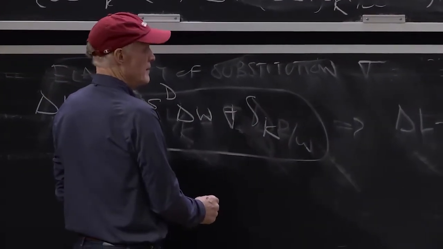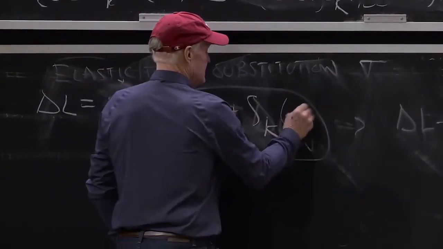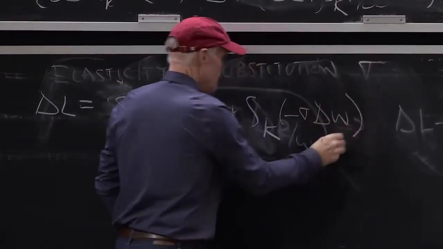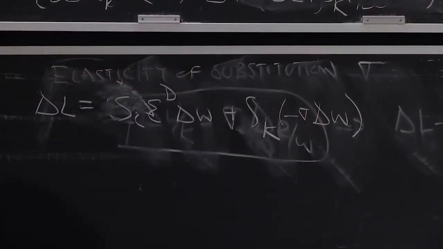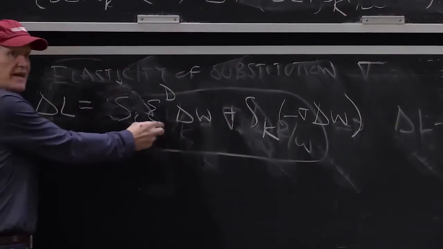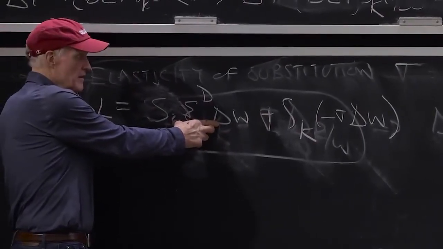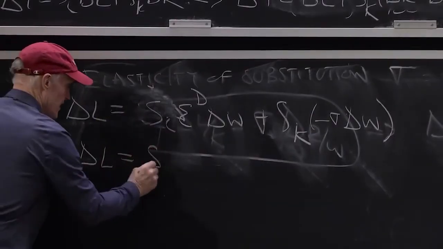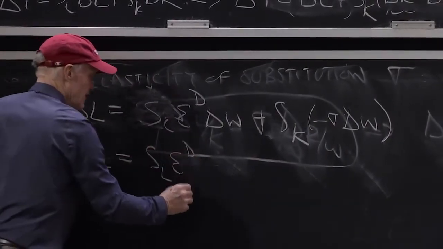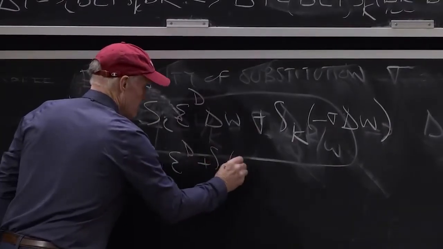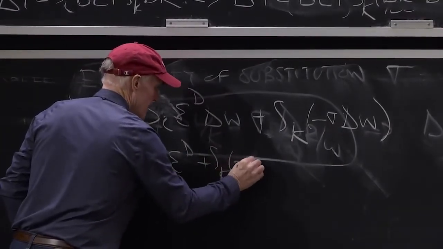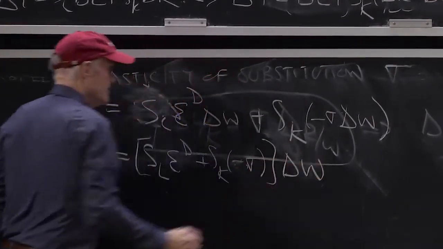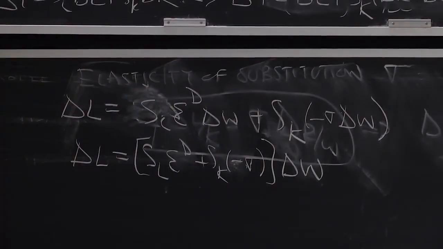Minus sigma delta W. Okay? So first thing you'll notice is that both of these are negative, right? This is a negative number, and this is a negative number. So delta L equals SL epsilon D plus SK minus sigma, whole thing times delta W. So that's going to be the elasticity of demand for labor.